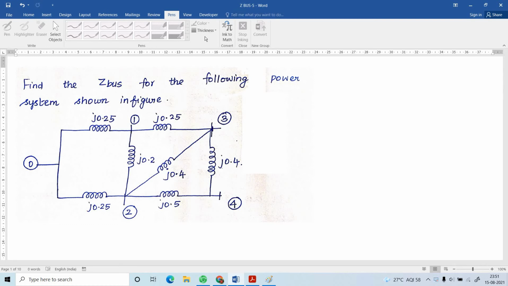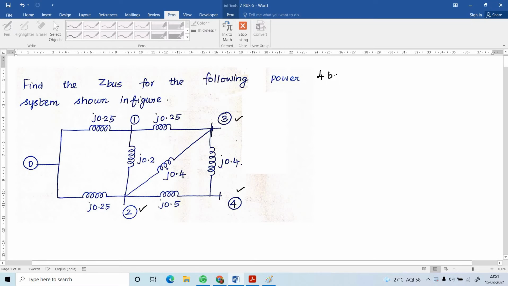Hi all, in this video I am going to explain how to find the ZBUS for the given power system using bus building algorithm. Consider this power system. First of all, we should know how many buses are in the power system. There are 4 buses in the power system, 1, 2, 3 and 4, plus 1 reference bus.